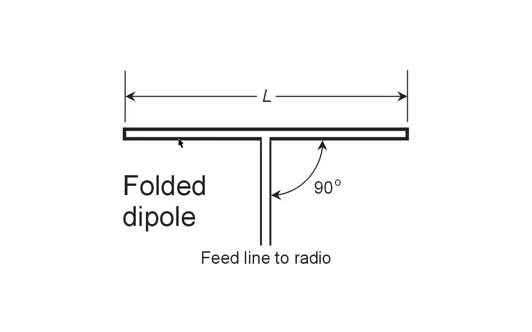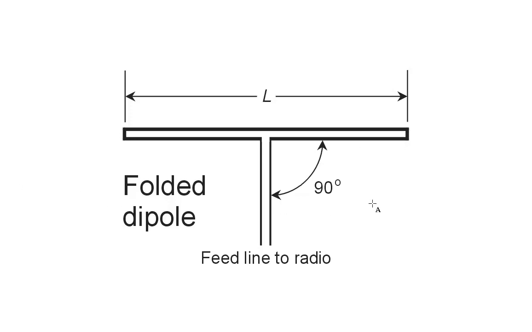run a quarter of a wavelength wire off one side of the feed line and a quarter of a wavelength wire off the other side and line them up so they're all in a straight line, we get a half wavelength long antenna. That is a typical ordinary open dipole antenna.